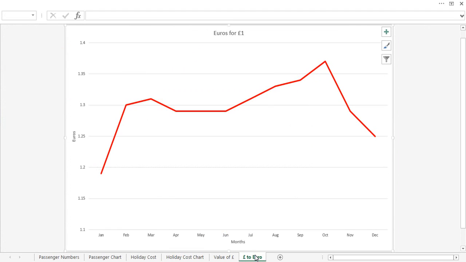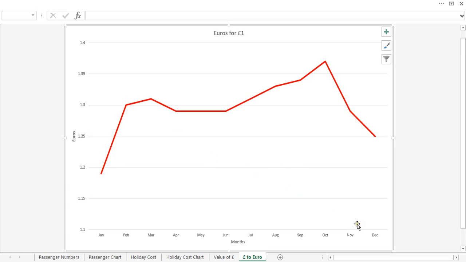The third chart we looked at was our line chart or line graph. Again, we have a title. We have axes and they are labelled, so we know that these are euros. We know that these are months. We have what are called grid lines. These are the lines running across that allow us to read information across the chart.